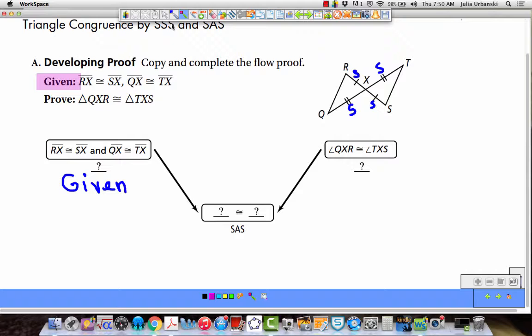So, you're looking at this one over here. Is angle QXR, this angle right here, equal to angle TXS? What reason could you say for QXR, this one right here, to be equal to TXS? And if you're confused, look over here at these options.